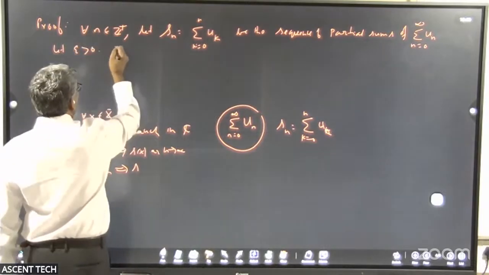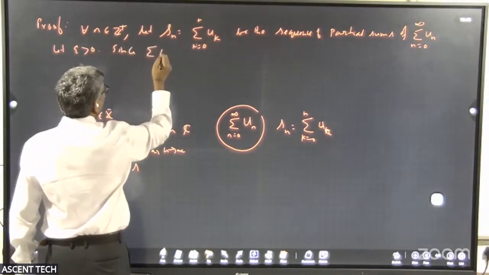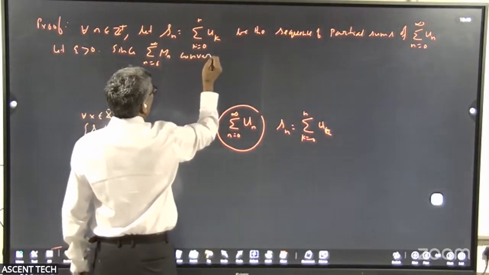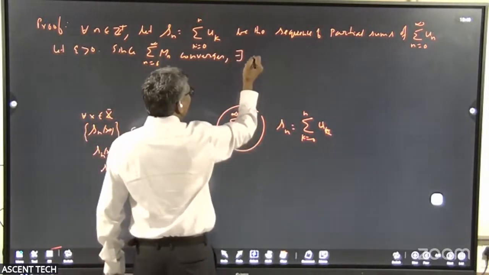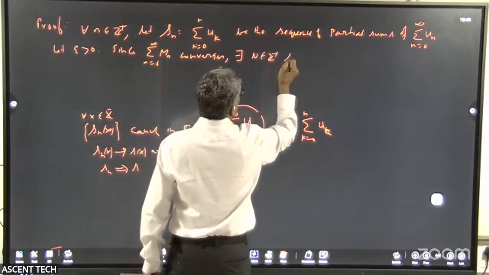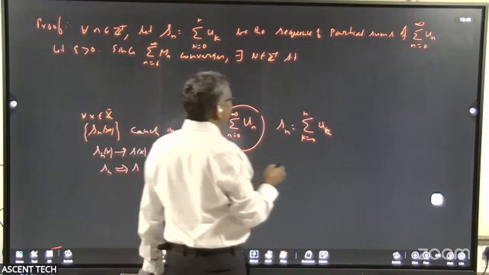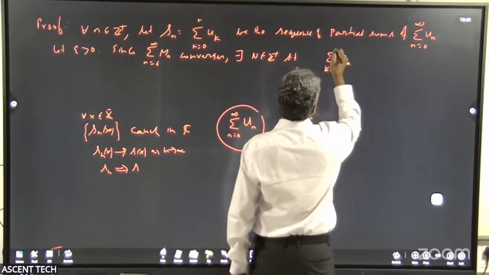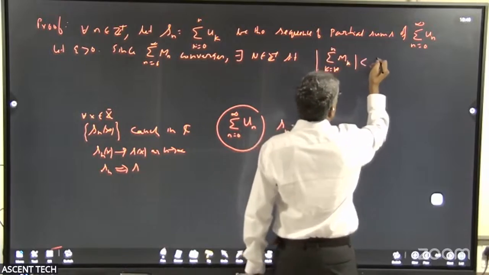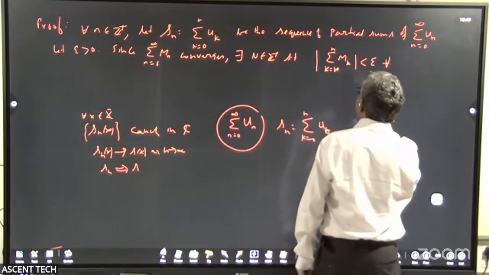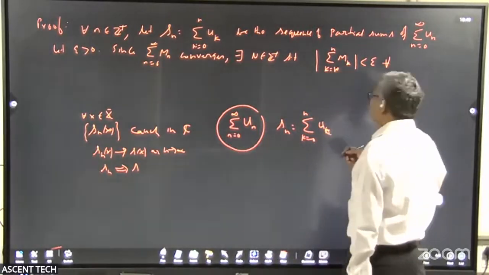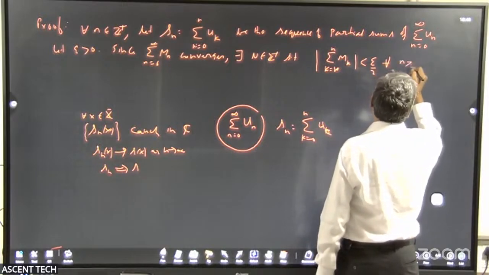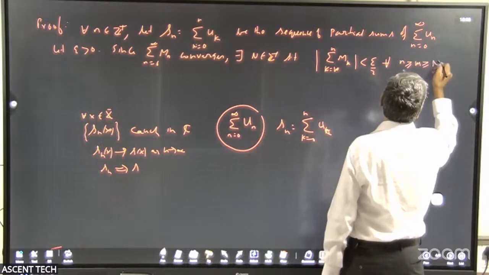Since sigma Mn, n equal to 0 to infinity, converges, there is a large enough N such that sigma Mk, k equal to m to n, is less than epsilon by 2 for all n greater than or equal to m greater than or equal to N.